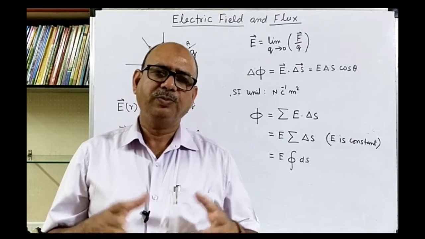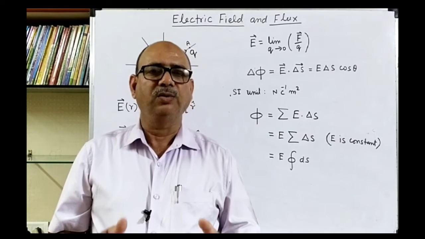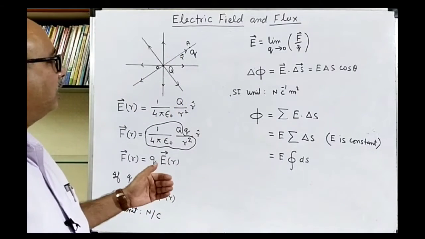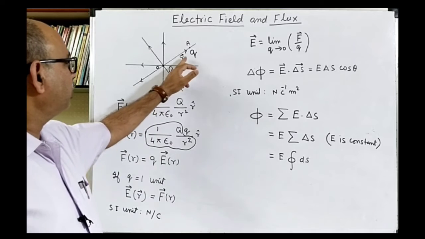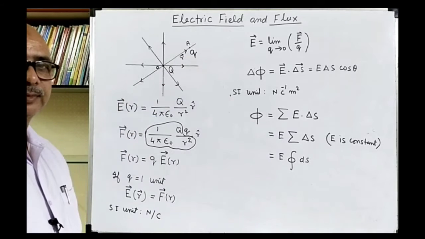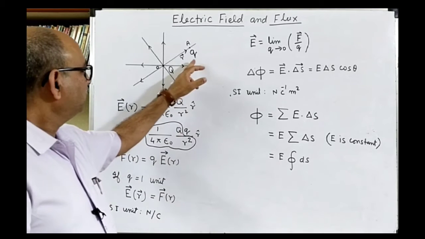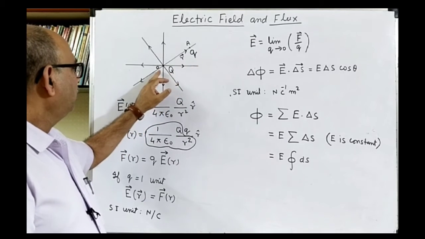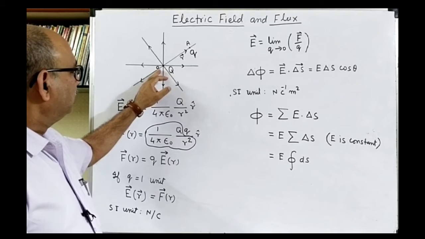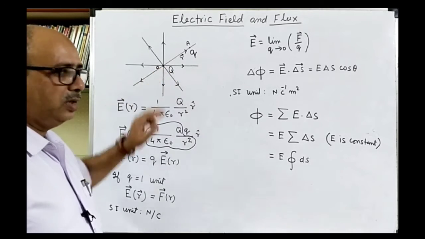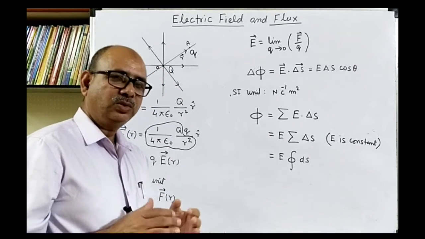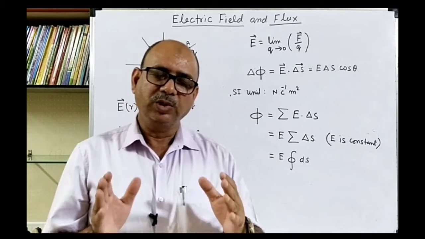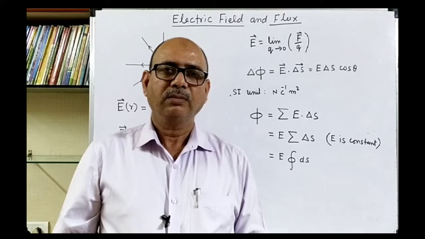Then on which parameter will the electric field depend? The value of electric field will depend on the position vector r. That is, how the position of the test charge changes with respect to the position of the source charge which is at origin. That means the value of the electric field is dependent on the position vector r.